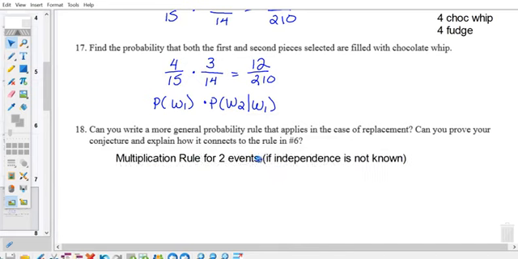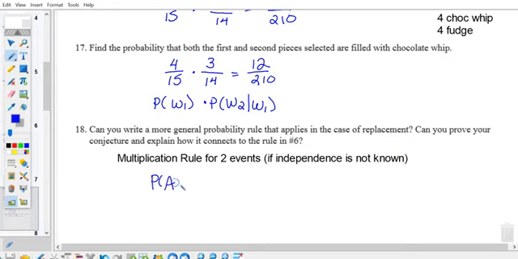We just don't know if they're independent or not. So the probability of A and B occurring is the probability that A occurs times the probability of B occurs given that A has already occurred.